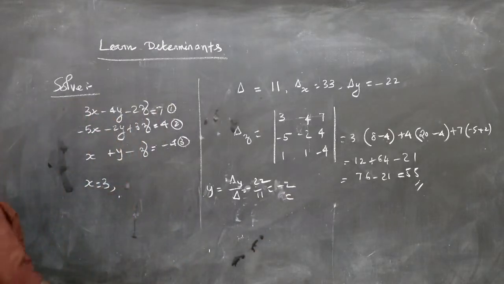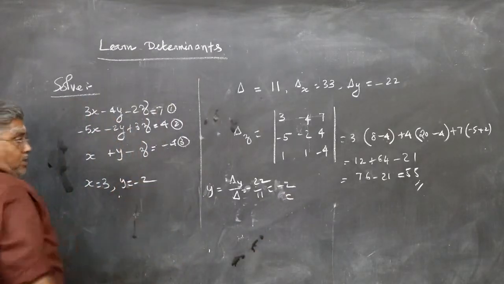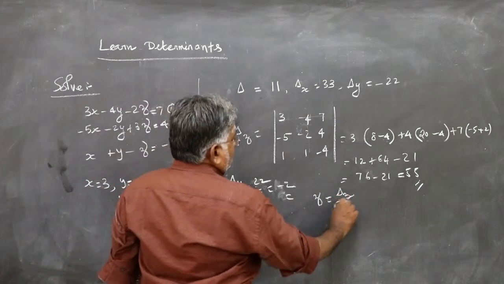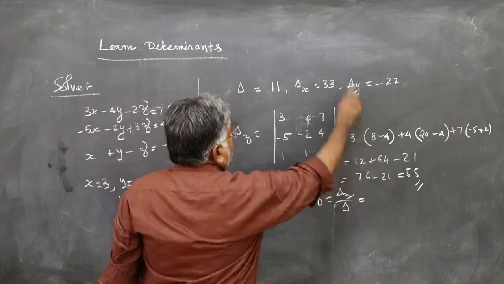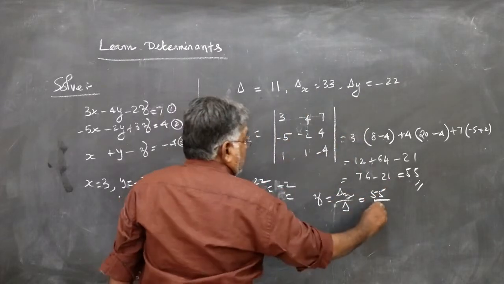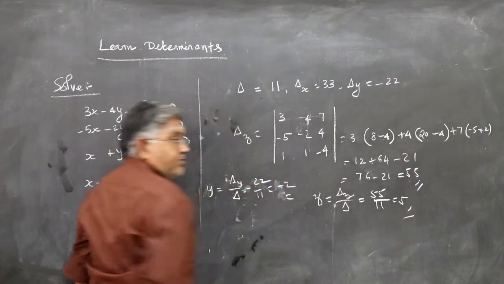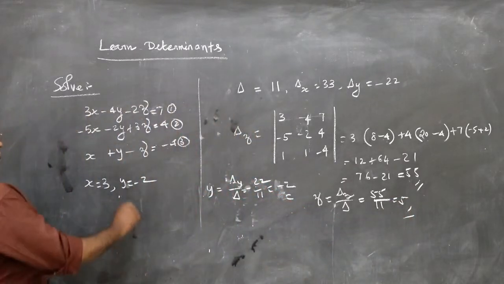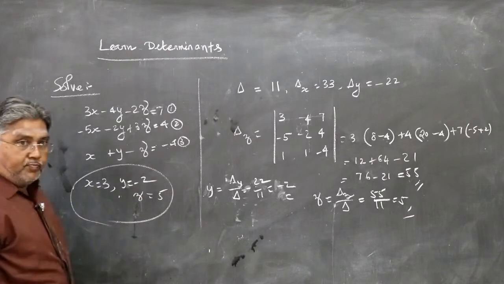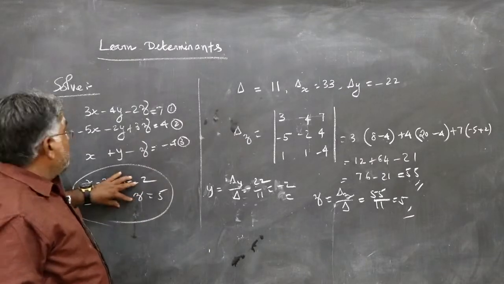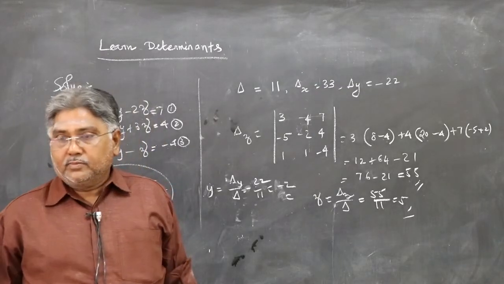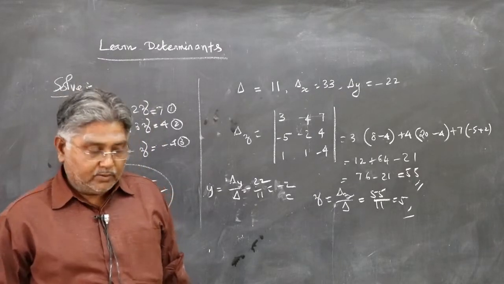Y is minus 2. Z will be delta sub z by delta. Delta sub z is 55. Delta is 11. You get 5. So the value of z is 5. So you obtain the value of x, y, z. You can cross check by substituting the values in these equations. The equations will satisfy. Okay? Thank you.